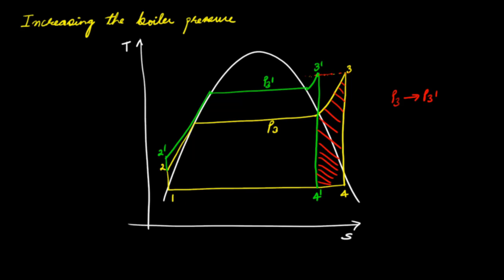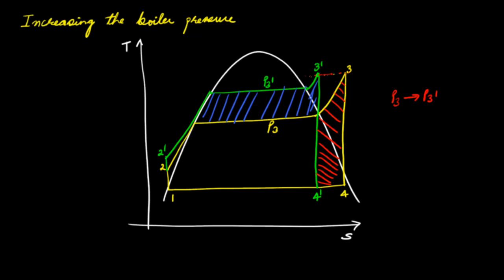But there's also an increase in the work that is delivered, and that's shown in the blue color. So the decrease in the net work is roughly equal to the increase in the work due to increase in pressure, because the blue shaded area and the red shaded area are roughly equal. Therefore, the net work remains almost unchanged.